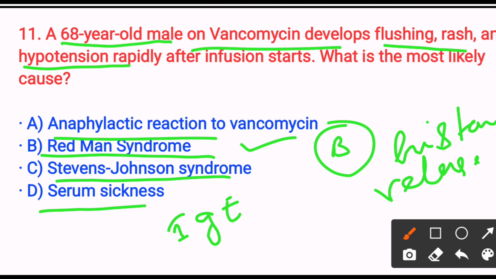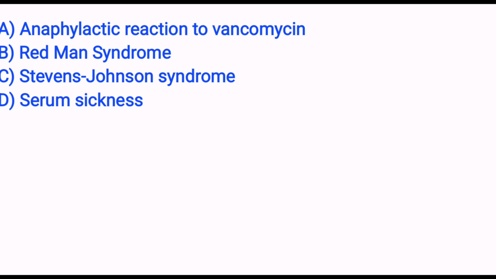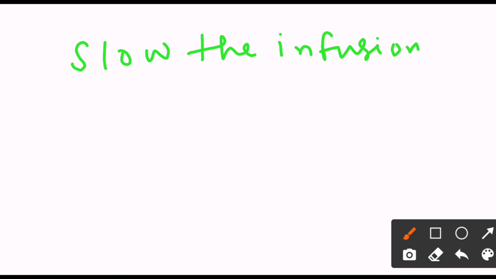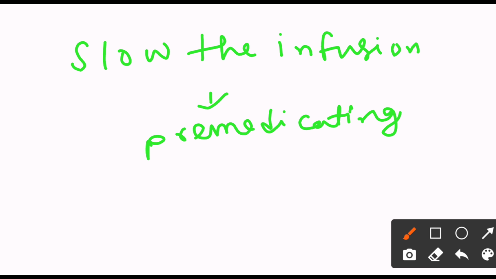We have to slow the infusion, then pre-medicate with antihistamines.